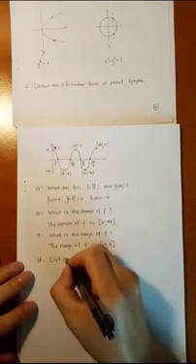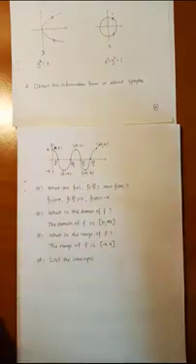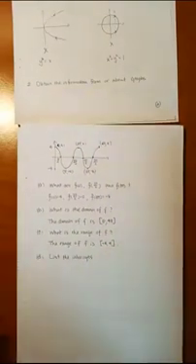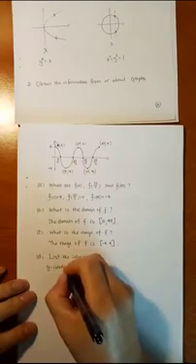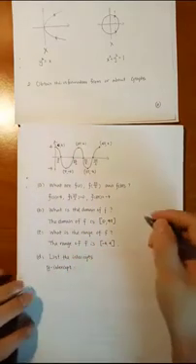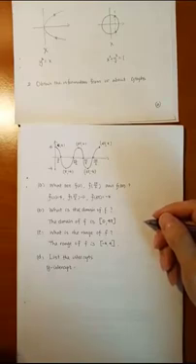List the intercepts. When we say list the intercepts, we mean x-intercepts and y-intercepts. Okay, so let's check the y-intercept. If you have a function, there's at most one y-intercept. For an equation, you can have multiple y-intercepts.